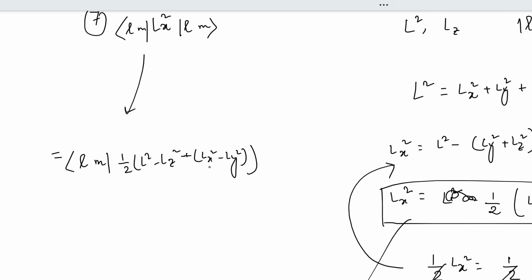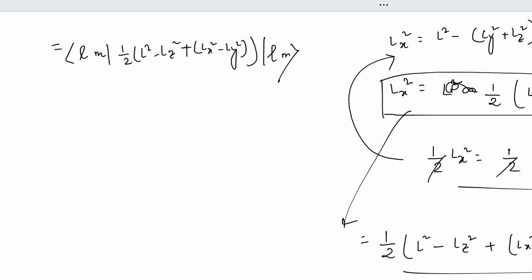The importance of writing it in terms of Lx squared minus Ly squared is that, first of all, the eigenvalue equation for L squared on lm is L into L plus 1 h cut squared lm. This is the eigenvalue equation for the L squared operator, and for the Lz operator it is simply m h cut lm. So Lz squared will be m squared h cut squared lm.